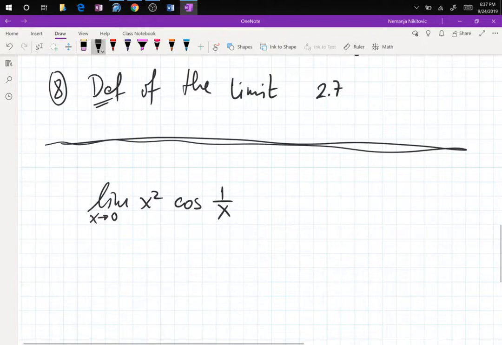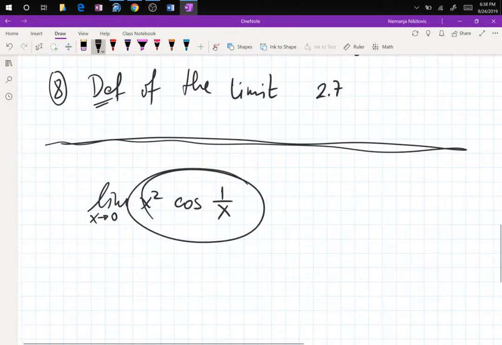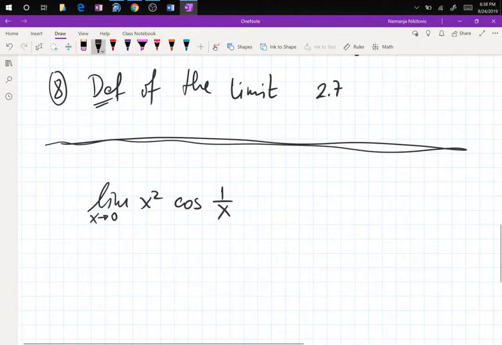So we try to use the squeeze theorem to literally squeeze this function between two other functions that we can compute limits of. Because it's squeezed in between, if the other two limits fall in the same place, this one that is squeezed in between has to fall in the same place.